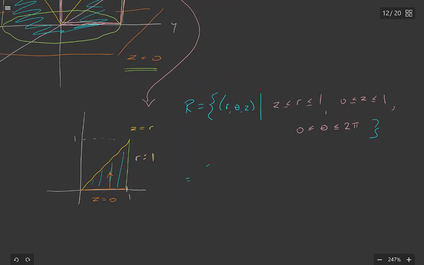So in that case, again we would describe it as a collection of points r, theta, z, but our first constraint would be that z runs from 0 up to the line z equals r, and now r wouldn't need to be constrained. And finally, we'll sweep out theta from 0 to 2 pi. So that's another equivalent way of describing this region.